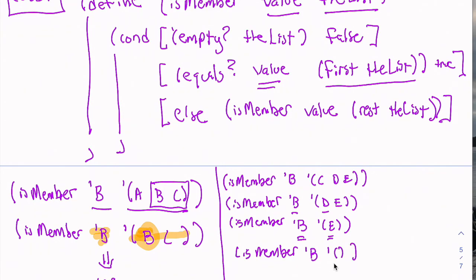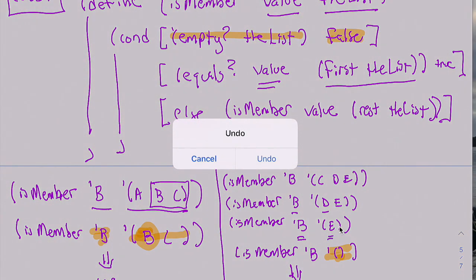When we do isMember B empty list, the first thing we check is, is the list empty? The list is empty, so we're going to return false. So the end result of this is false. Awesome.